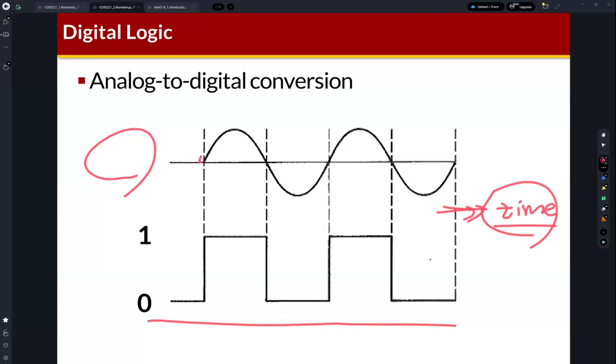But we use electric devices and digital systems in the real world, right?